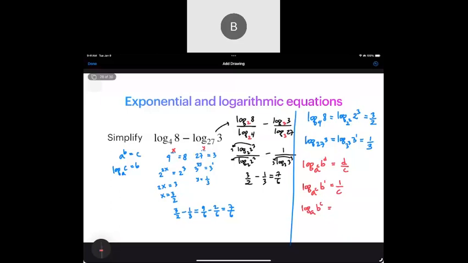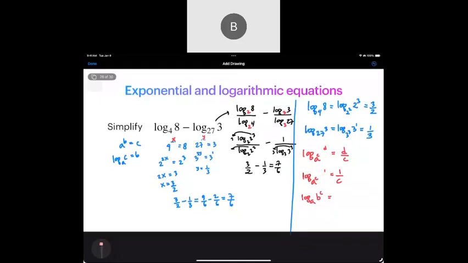This can be written as, oh no, wait, not B. Should be A. Sorry. This would be C. Okay. Because log base of A is 1. So this will be another property that sometimes is helpful for log, especially for simplifying the log.